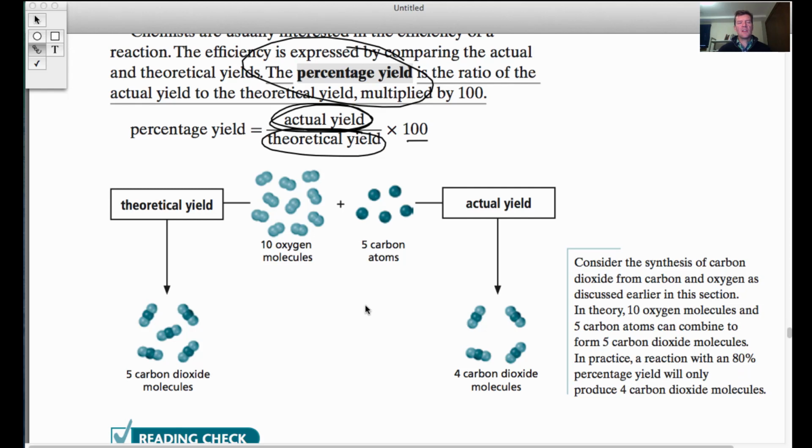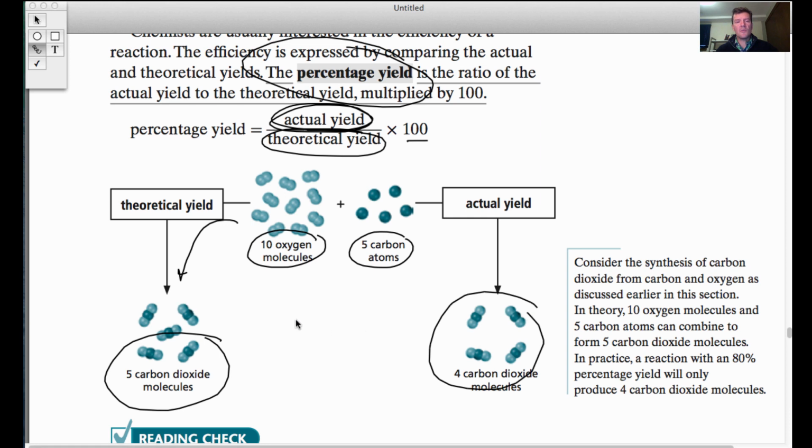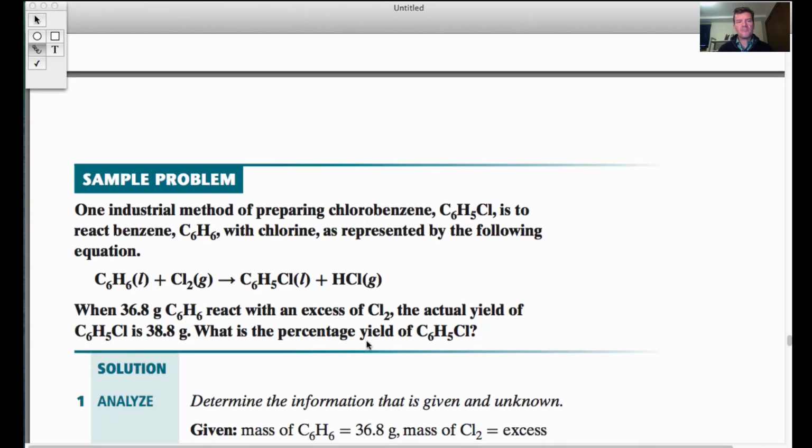So let's say that theoretically we thought when 10 oxygen molecules and 5 carbon atoms react in the lab, we were going to get a perfect yield of 5 carbon dioxide molecules. But when we actually did it, we only got 4. Well, that means we got 4, we thought we were going to get 5, and that is an 80% yield. Okay, we only got 80% of what we thought we were going to get. Okay? So that's how that works.